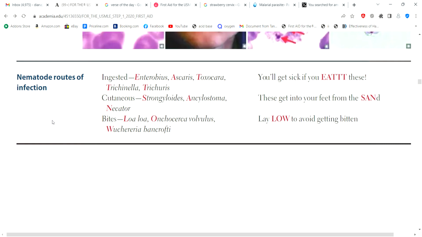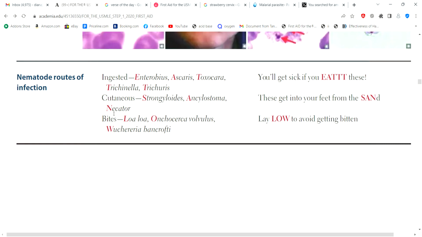With Strongyloides, the larvae in the soil penetrate the skin. Basically, you're walking around barefoot, and then the worms from the soil get into your blood by going through your feet. That's what that means. The ones that enter through the skin.